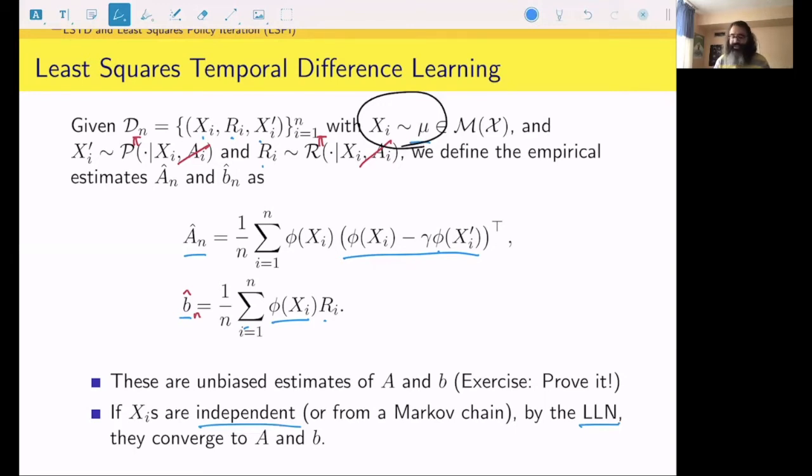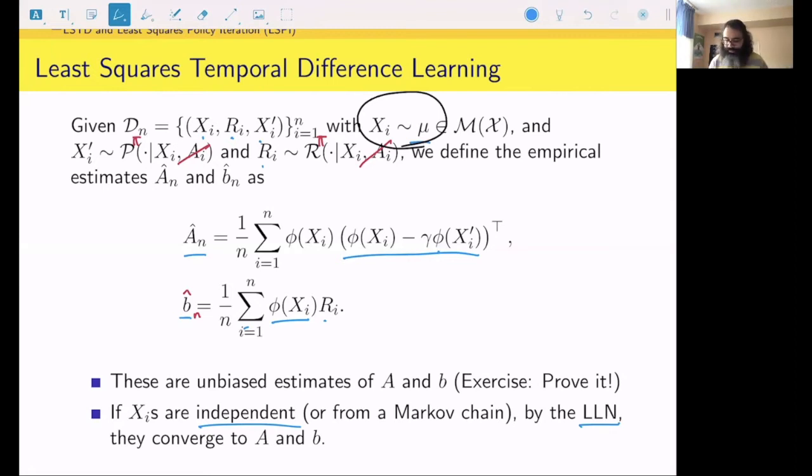So even if xi comes from following a policy and generating a Markov chain, we still get estimates A hat n that converge to A. Of course, without any assumption, we don't have that convergence. You can think of constructions that generate the xi's in a very dependent way, so that you don't get nice convergence to what you want.